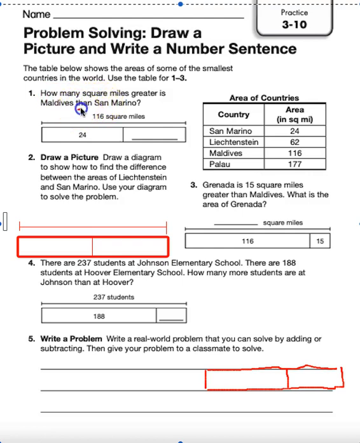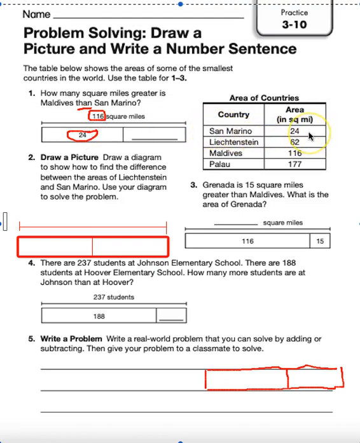So I see a big van, which means you're going to be comparing and subtracting because the van means you're going to subtract. So they give you 116 square miles as the in all, which is the Maldives. So here's your 116, but then you have 24, which I'm guessing is the San Marino.